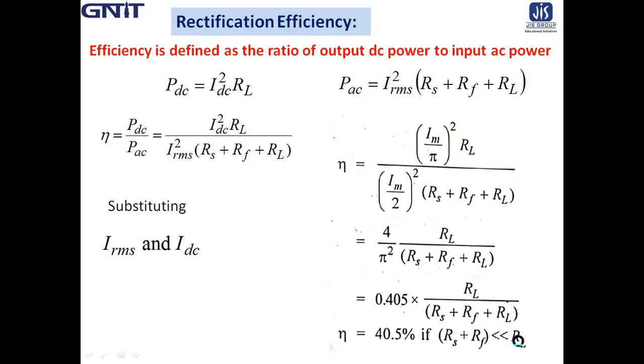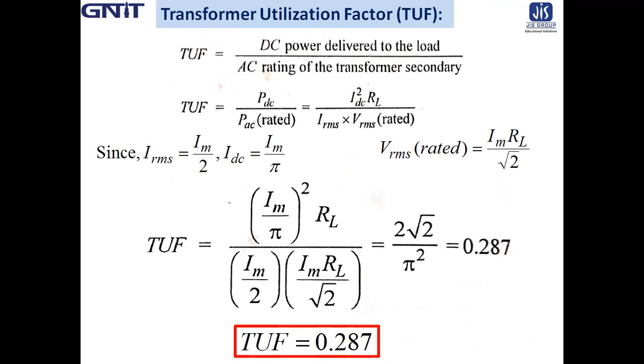So the rectification efficiency of a half-wave rectifier is 40.5%. Okay. Next, we want to move to the calculation of the transformer utilization factor.